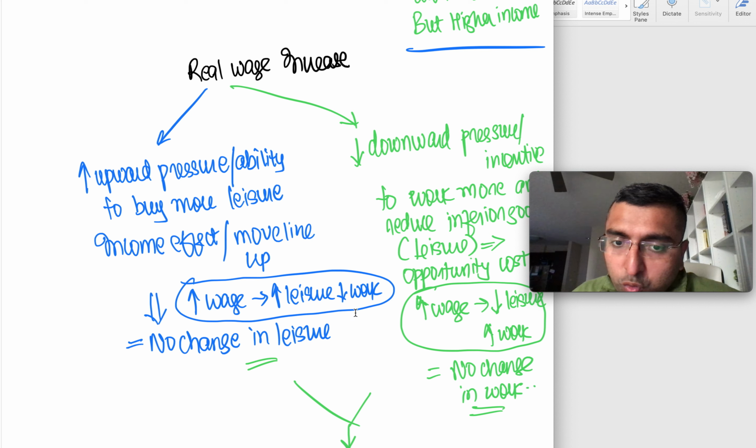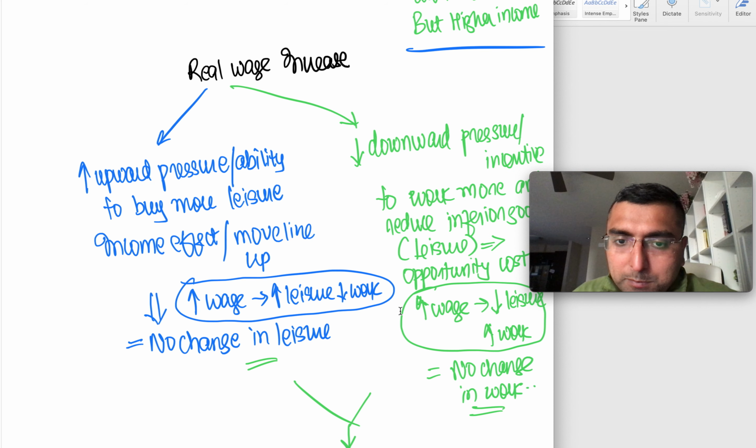And so there's also a tendency to work less because work is an inferior good compared to leisure when it comes to enjoyment, let's say. So there's that upward pressure. But the opposite is also true. If you think about opportunity cost, if I were to spend more hours, instead of 40, I can do 80 hours, and at higher cost, then I would want to work more, and at that point leisure becomes an inferior good. I want to substitute that out.